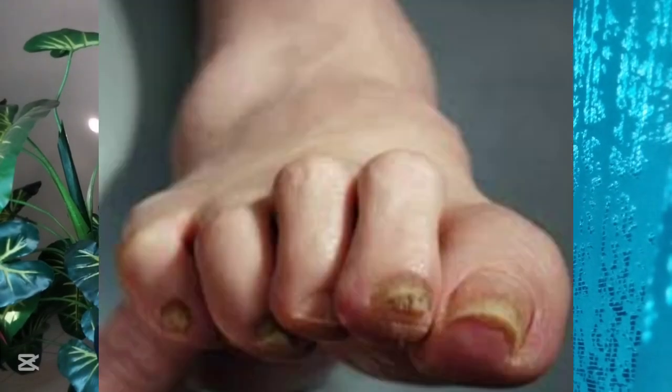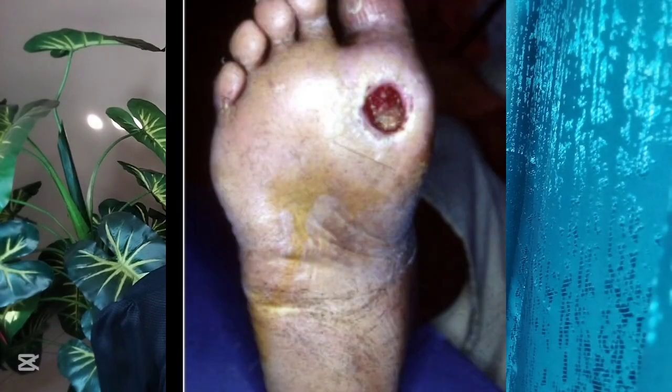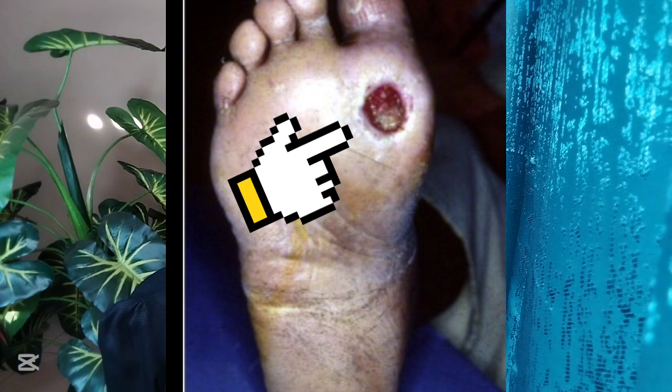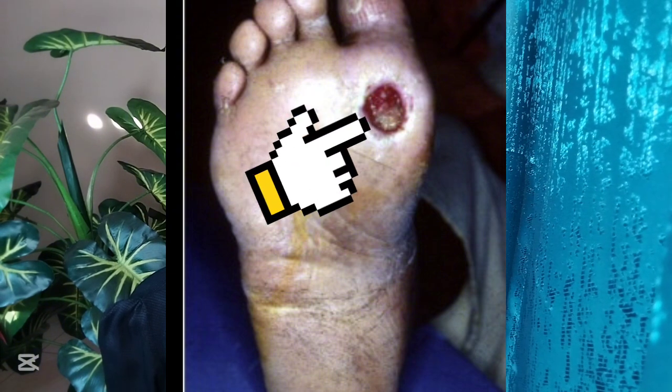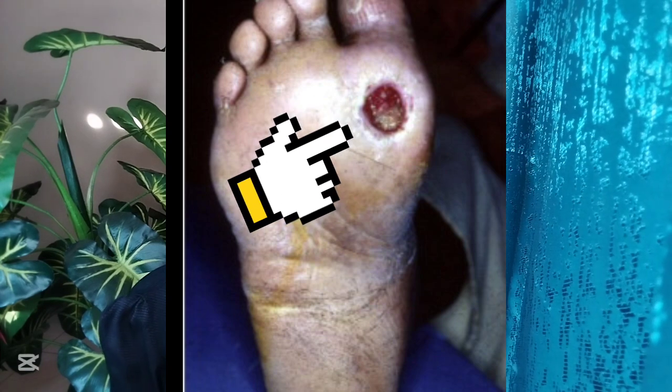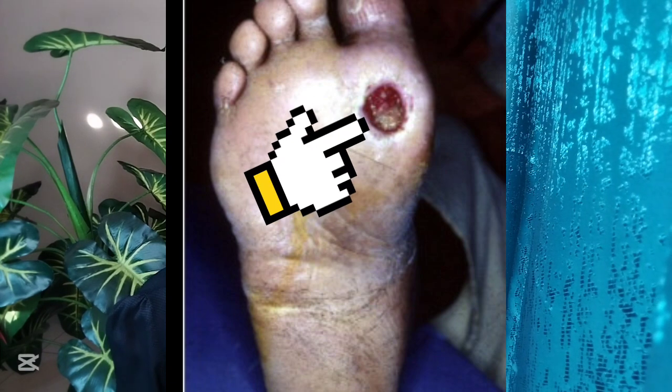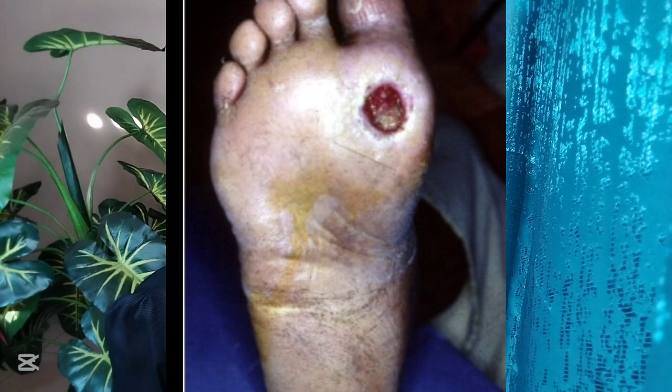Some individuals can get a foot drop or clawing of the toes. Some individuals can develop ulcers on the foot, and these are usually as a result of damage to the nerves. So these individuals can easily get trauma to the foot, and they might not even realize that they got injured.